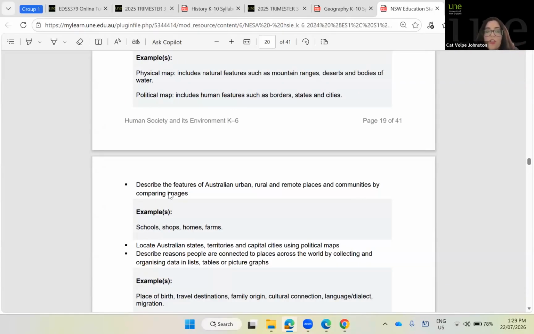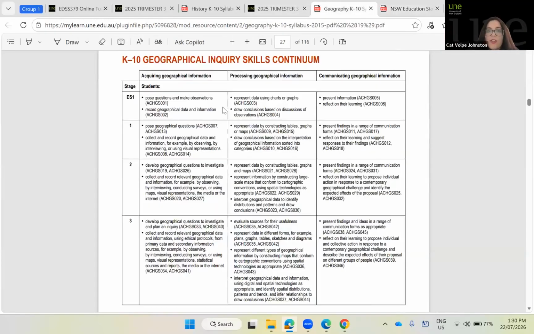If you're looking at a physical map of one country and a physical map of the other, you need to do a comparative analysis. You've got the data and you're processing that information. So that's still what you're doing here. You're communicating that, or you're drawing conclusions based on the interpretation of the geographical information. You're still doing all these different things. It's still very important here.